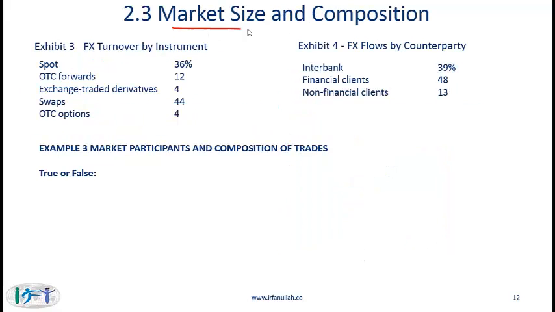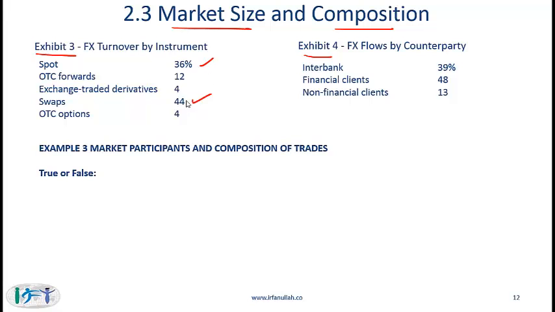This slide illustrates the market size and composition, and essentially I have reproduced exhibits 3 and 4 from the curriculum. Notice that the largest turnover is in the FX swaps market or foreign exchange swaps. The spot market is 36%.